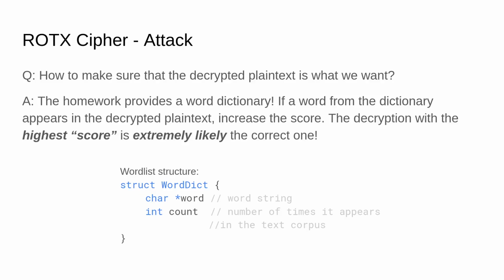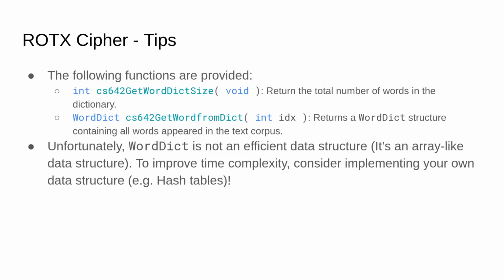So let's get to the dictionary structure that I just mentioned. This dictionary is stored as a word string and a count, which stands for how many times the word appeared in the text corpus. There are some functions that allow you to query that structure.